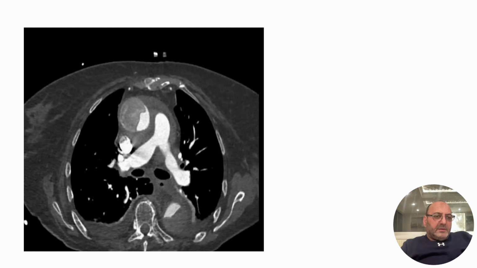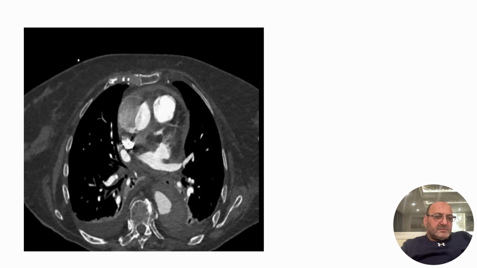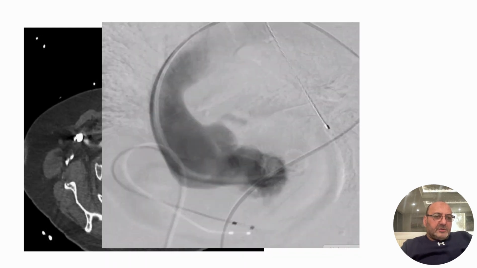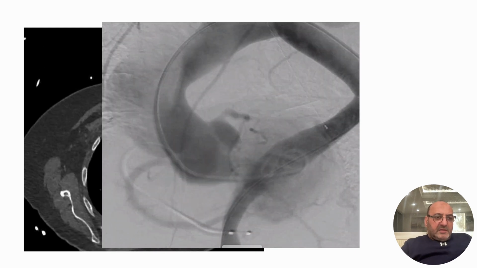Again, you can do it open, but oftentimes these patients who are enrolled in these studies or in these cases are fairly sick. So you see the angiogram here shows a large blush of bleeding in the ascending aorta.